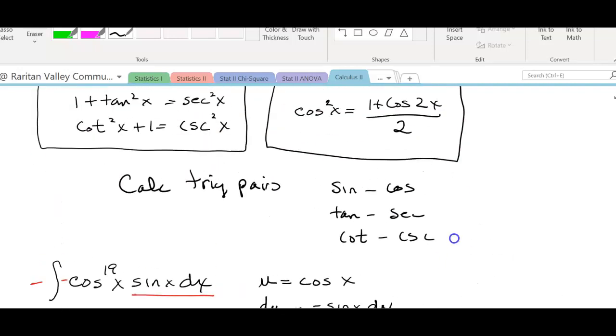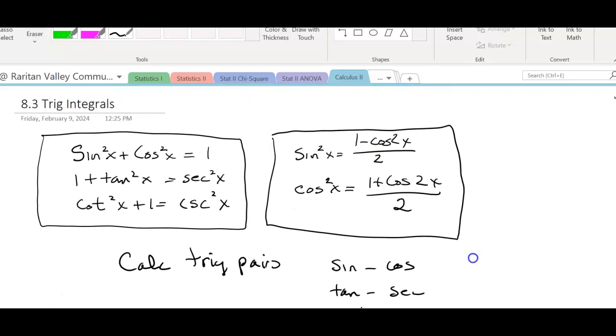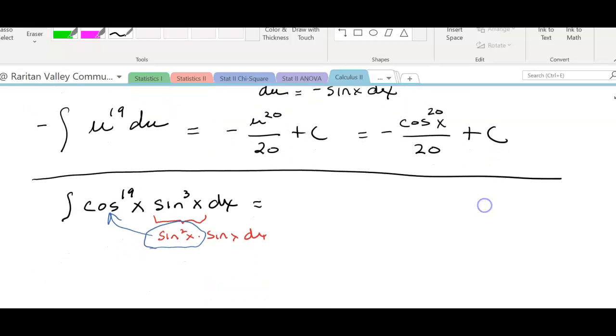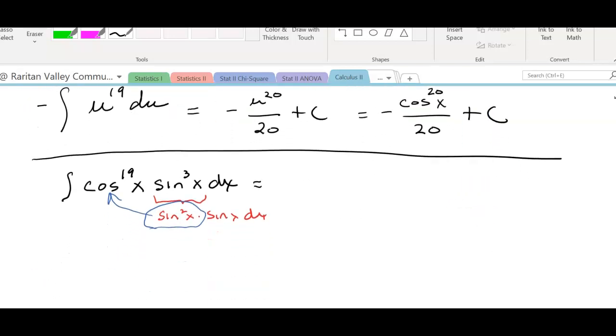So that's where you go to your little list and you think, oh, wait a minute, I can put sine squared in terms of cosine, right? So this might be able to go somewhere. So let me put what I have here so far. So I've got the integral of cosine 19x sine squared x sine x dx.